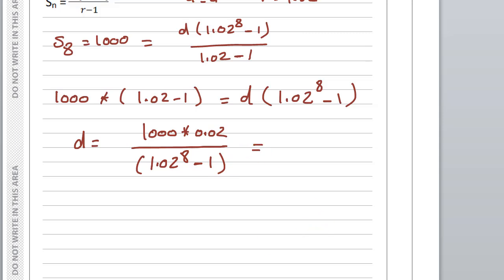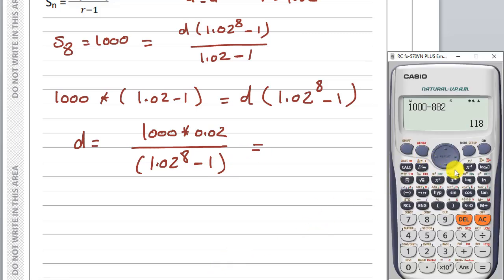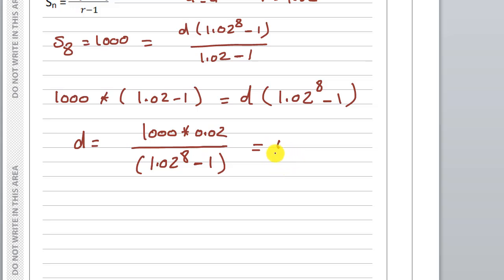So D will equal to, let us bring our calculator. 1000 multiplied by 0.02 divided by 1.02 power 8 minus 1. So 116.5.